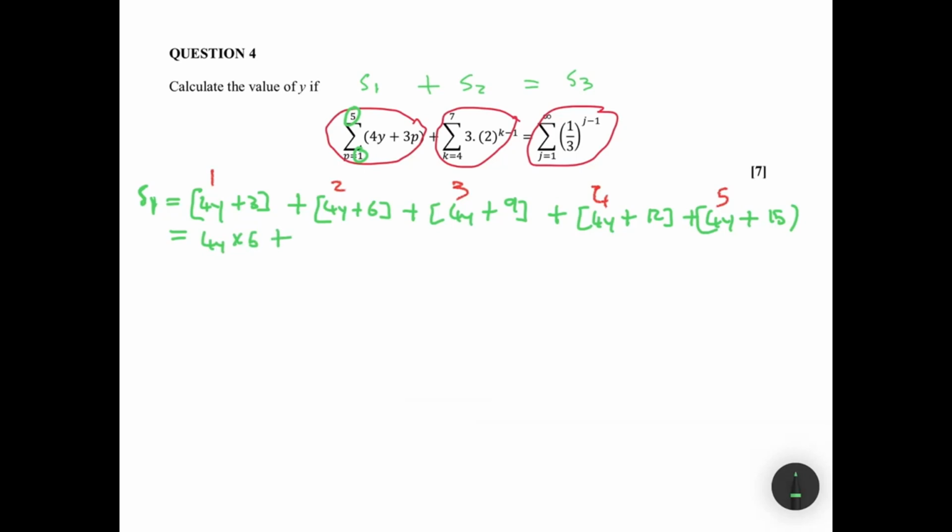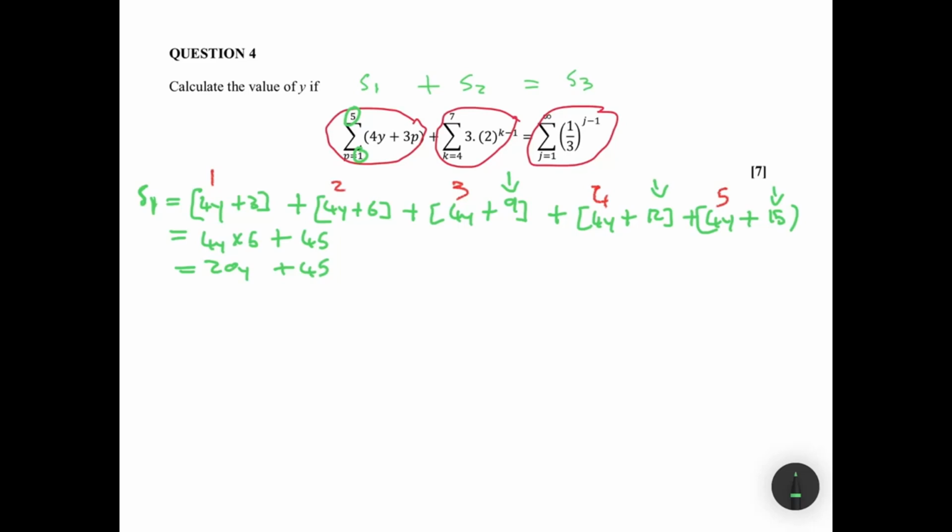So 3 plus 6, that is 9, right? And then plus this 9 here, that will be 18. And then 18 plus 12, that will be 30. And then 30 plus 15, that will be 45. So we have 4y multiplied by 5 plus 45. And that will be equals to 4 multiplied by 5, that is 20. So we have 20y plus 45. And we have our first sum.